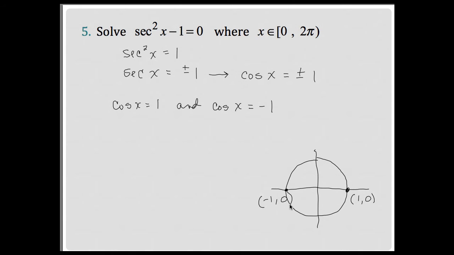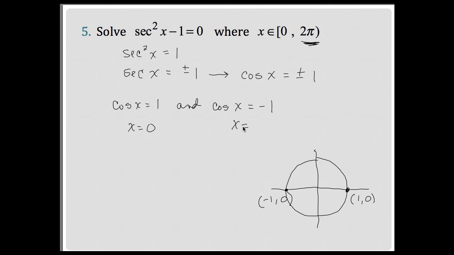Well, in these cases, your angles that you're trying to find are actually quadrantal angles. All right, so this first one, where cosine of x equals 1, that's 0. Notice how we do not include 2 pi. Notice how your interval is open on 2 pi, so we are not including it. It would be wrong to say in this case your answer is 2 pi. We defer to using 0 instead.